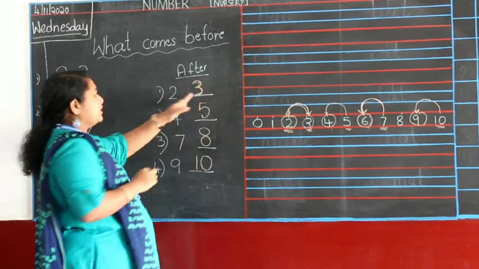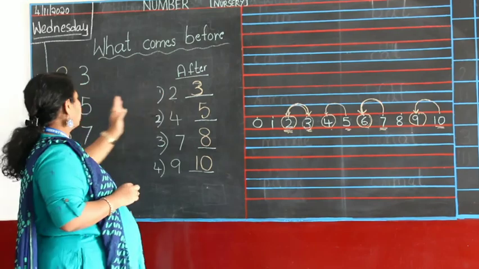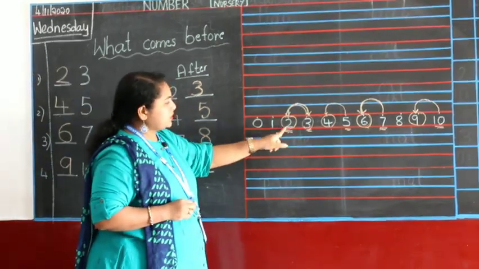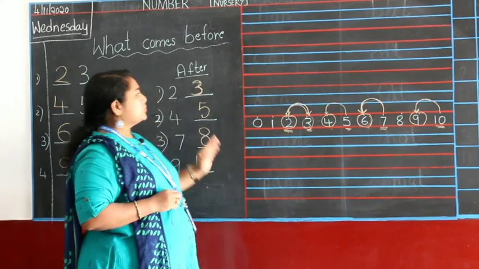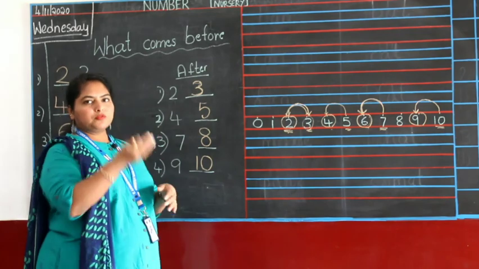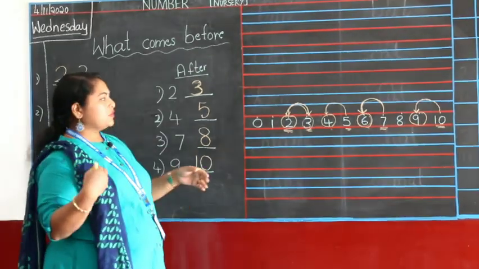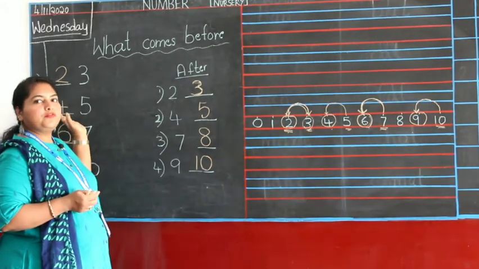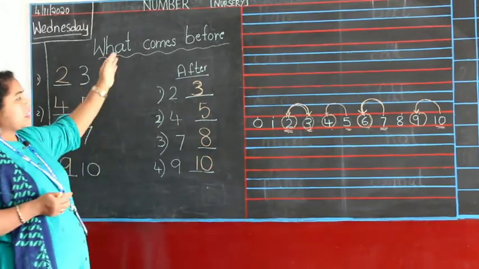So 3 comes after 2. And 2 comes before 3 and after 1. The number which you say later is after. The number which you say before or first is your number that comes before. So this is how it is what comes before.